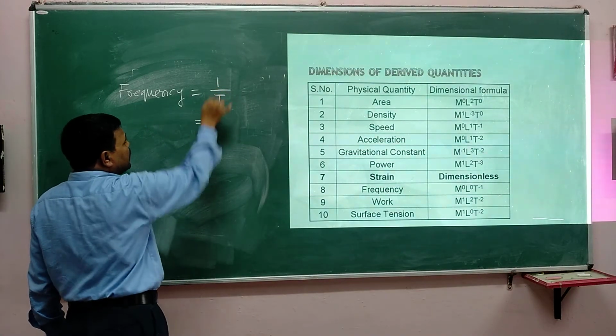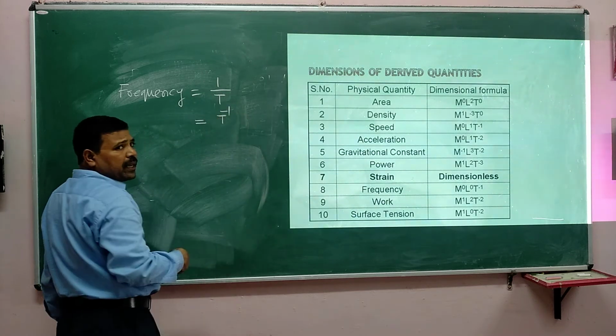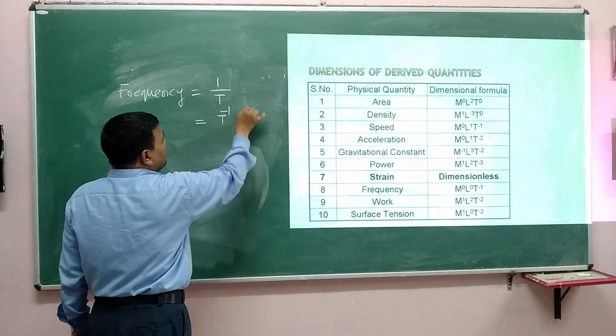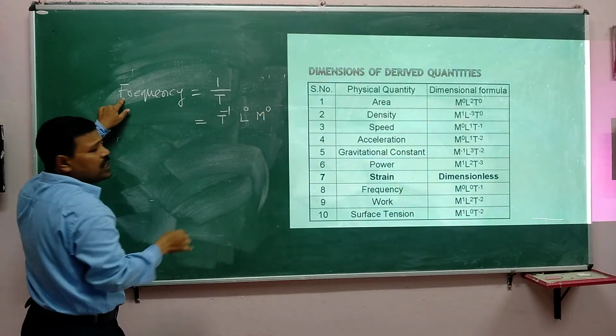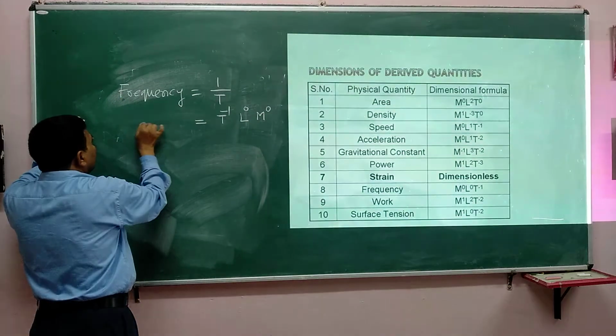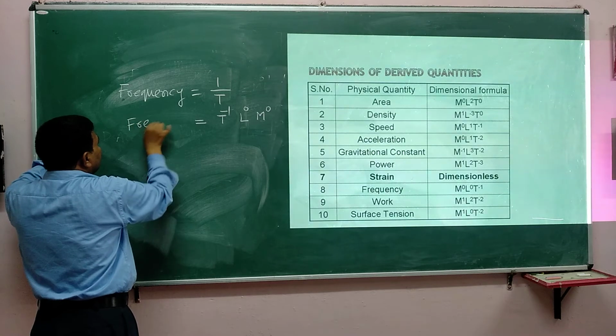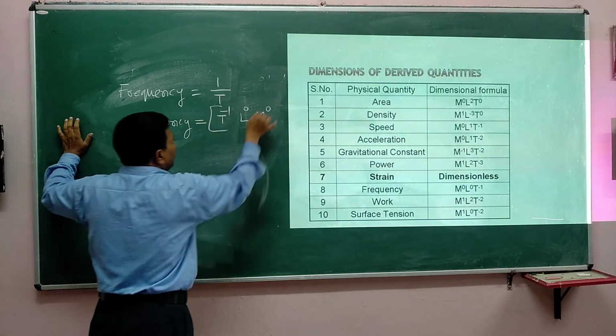So, we can write 1 by T, which is T raised to minus 1. Then L raised to 0, M raised to 0. Frequency is independent of length and mass. Therefore, this is the dimensional formula for frequency.